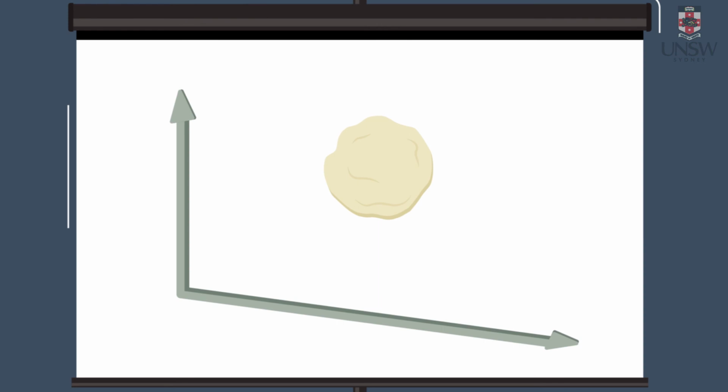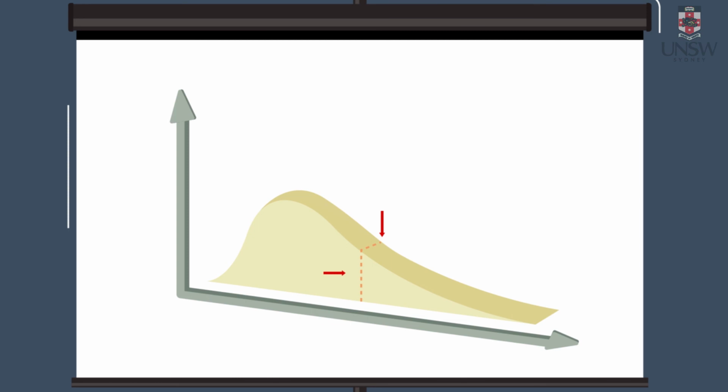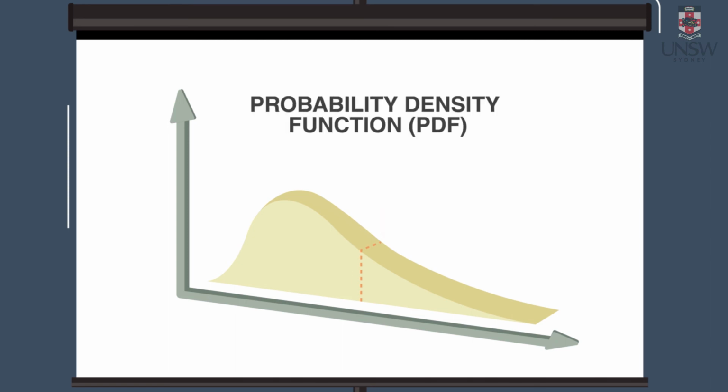For continuous distributions, the mass is spread over the range of possible outcomes. The Play-Doh is spread or rolled out into the desired shape. Note that the thickness of the dough should be uniform, such that the height of it at any given point is proportional to the likelihood of an outcome in that region of outcomes. The function corresponding to the shape or the height of that dough is what we call a probability density function, or PDF in short.